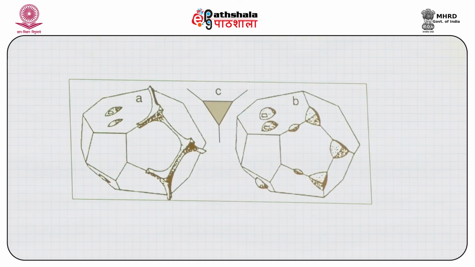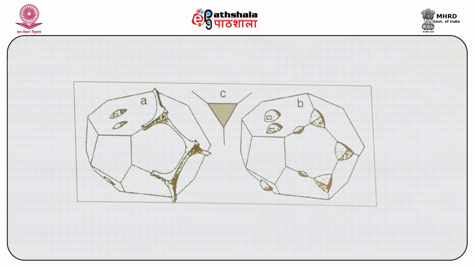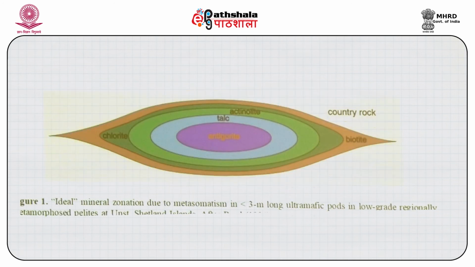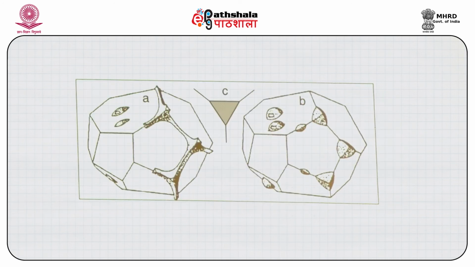Now, how do these things happen? The cryptic melting, particularly when the melt is generated or the fluid is released, they go along these grain boundaries, and they slowly interact with the crystal and change the composition of the crystal. Okay, so these are, say, fluids. They can be on the surface of the crystal or at the edges or at the triple junction, where melts will accumulate and then come out.